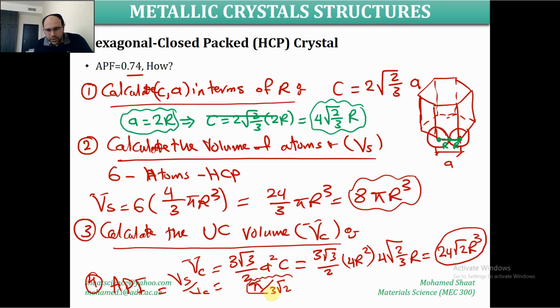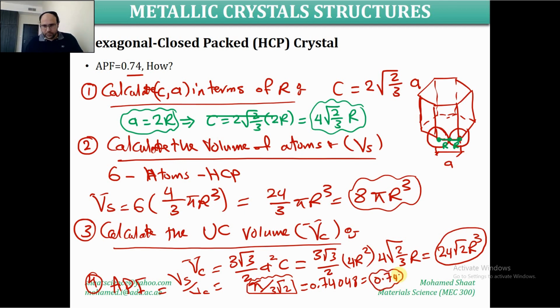This is the exact value of the atomic packing factor for the HCP crystal structure, which if we do the calculation, comes to 74.048 percent. If we round this number, we end up with 0.74, which is exactly the same as the FCC crystal structure.